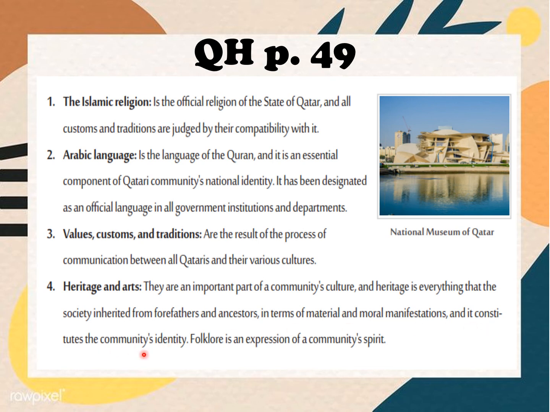And it constitutes the community's identity, okay? So what makes up the community is its heritage and also its history, right? An example of heritage would be folklore. When we say folklore, these are traditional stories that reflect the history of a country. And it's an expression of a community's spirit.